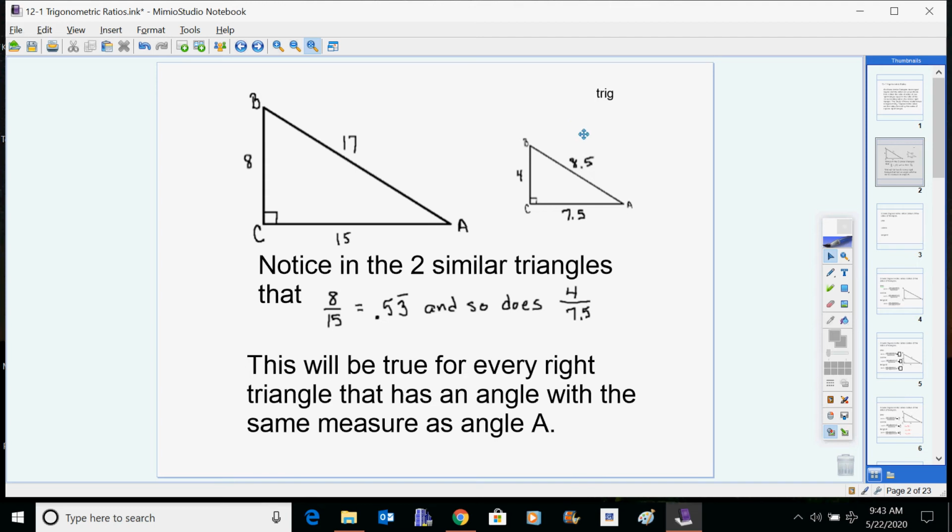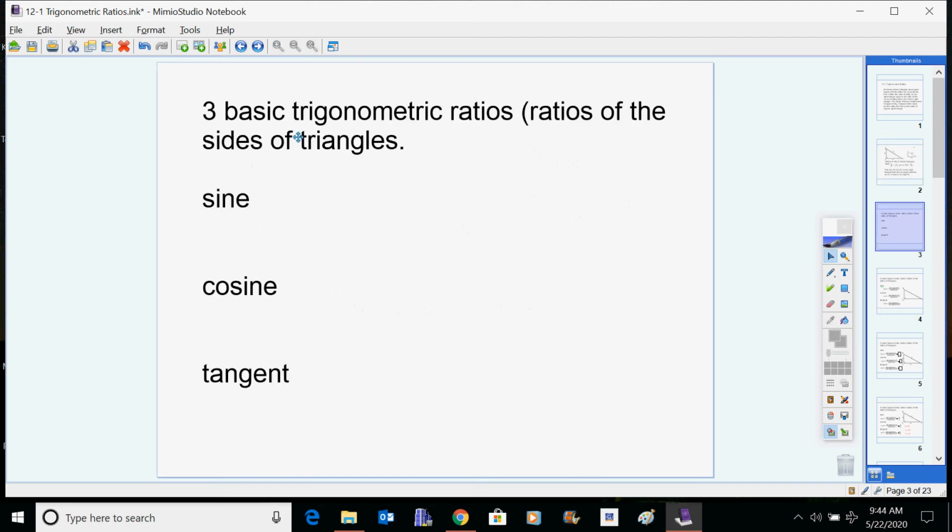Okay, so trig ratios is what we're going to be taking a look at. There are three basic trig ratios, three basic trigonometric ratios that are ratios of the sides of the triangles. They are called sine and cosine and tangent.